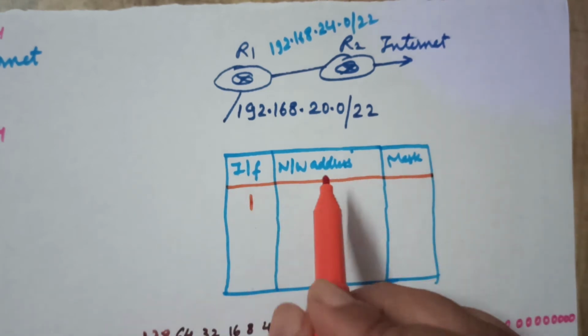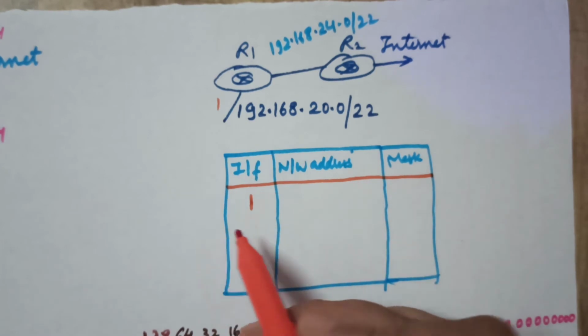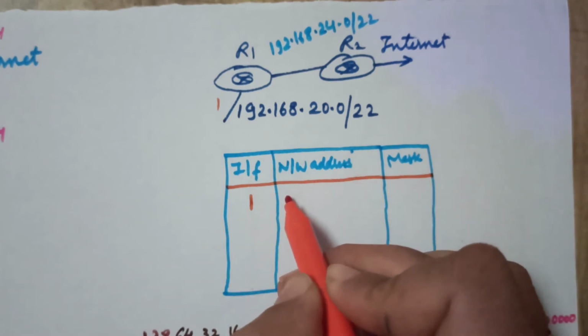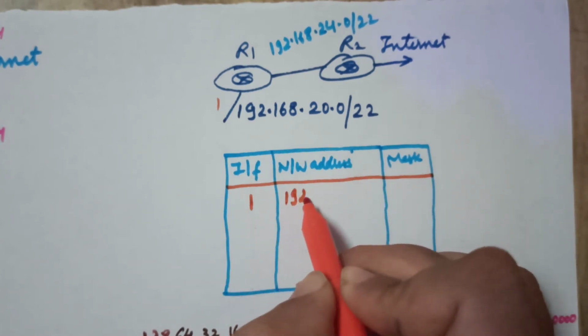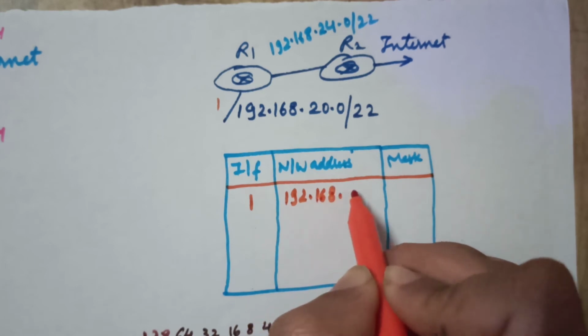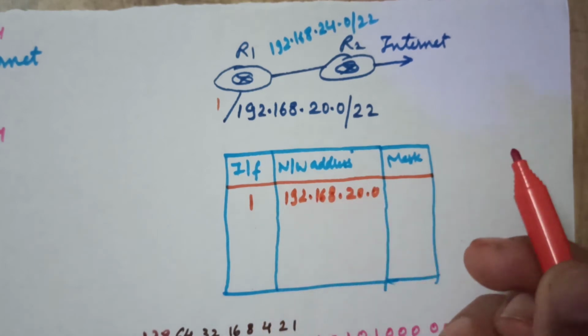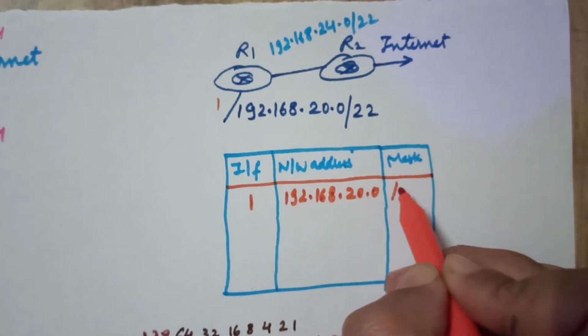It will have the entry for interface number, and the network address of this interface will be 192.168.20.0 and the mask will be /22.